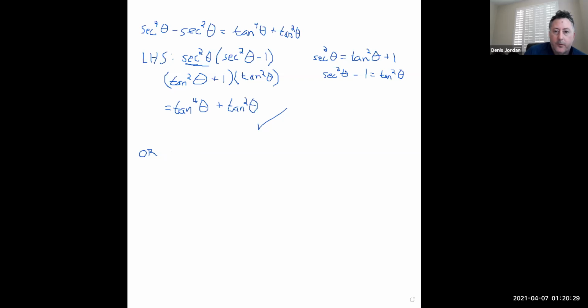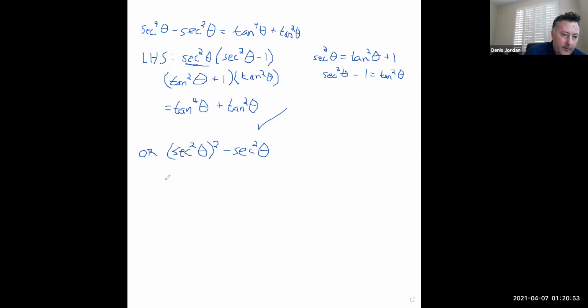Like secant to the 4th, a lot of people panicked. They're just like, oh my gosh, I don't know what to do with that. Well, if it's a 4th power, that's the same thing as saying that's like squaring a square, right?